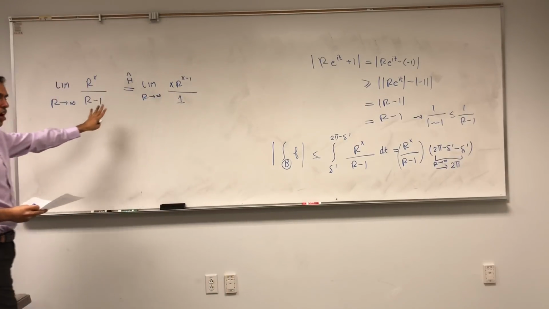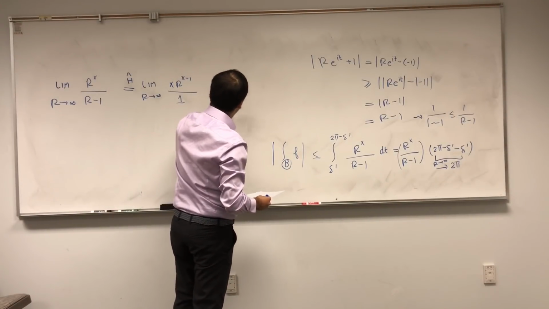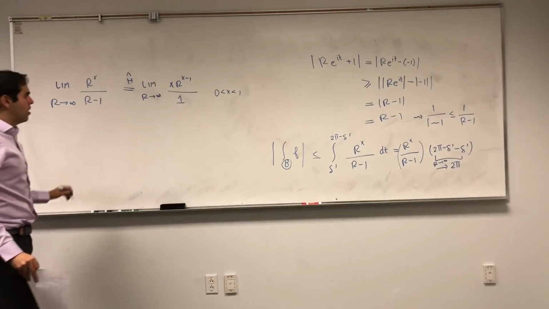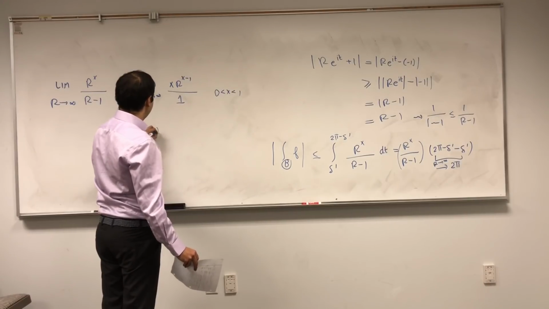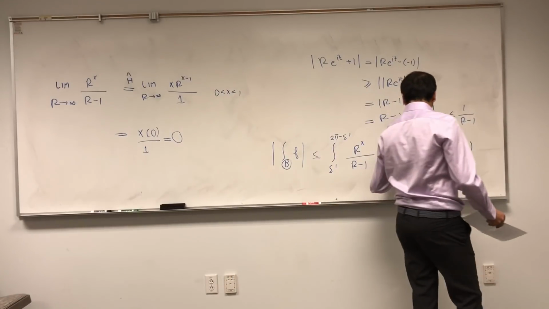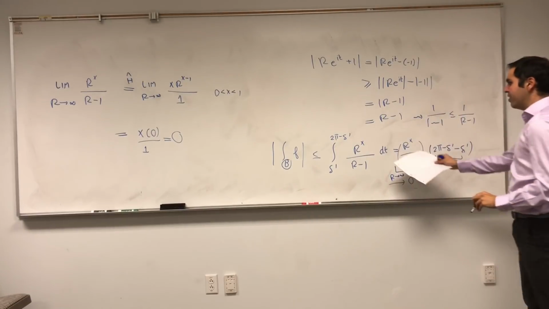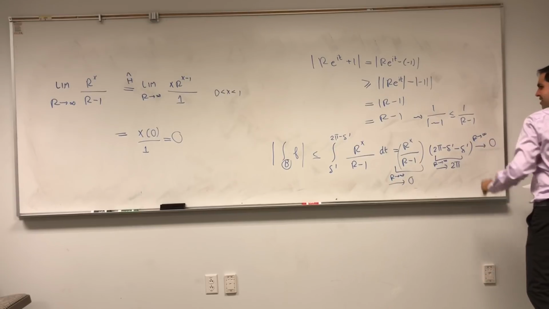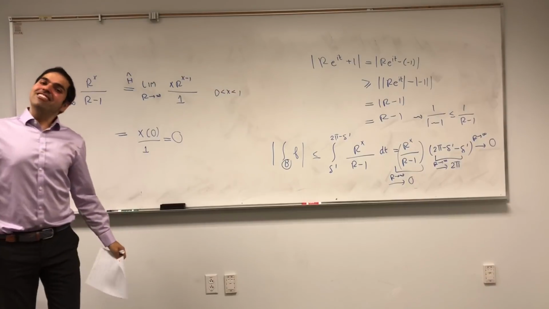Again, x is just a constant between 0 and 1. And so r^{x−1} is 1 over r to a positive number. So the point is, this is x times 0 over 1, and that goes to 0. So in other words, as r goes to infinity, this goes to 0, and in particular, the whole integral goes to 0. Whew. Okay, that was the easy part.